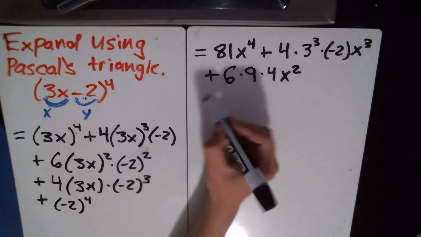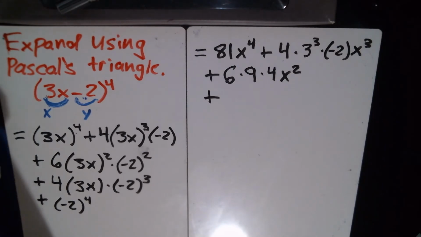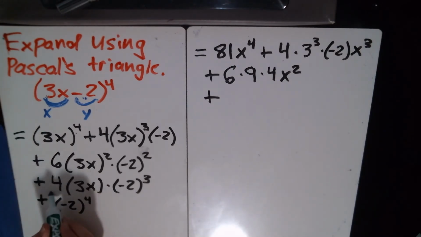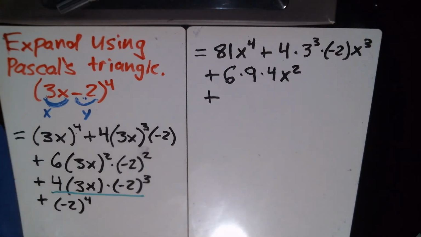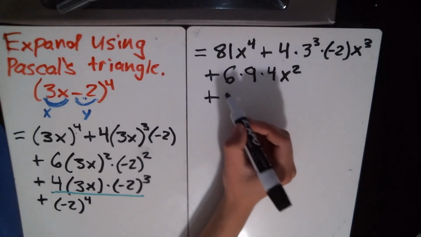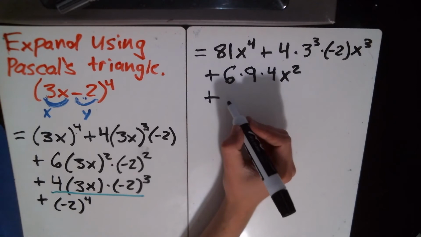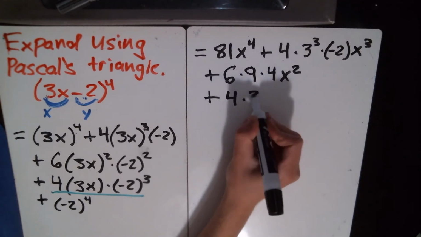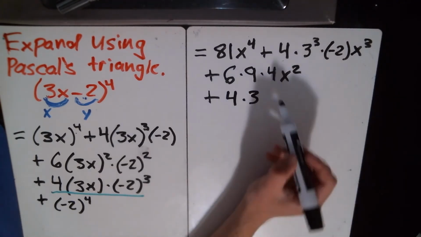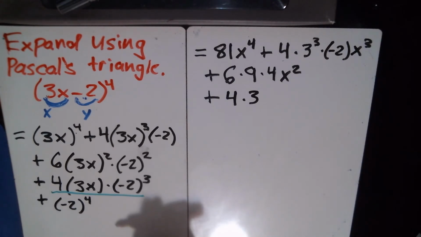Now we've got our next term, the one we're working on now. We've got 4 times 3 just to the 1 power, so that will just stay the same. And then we've got -2 cubed.